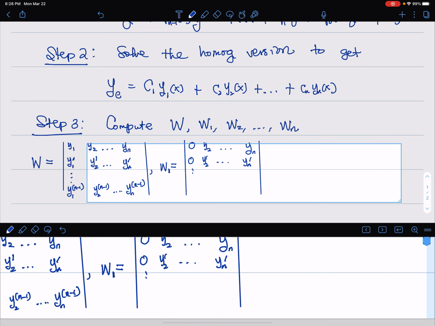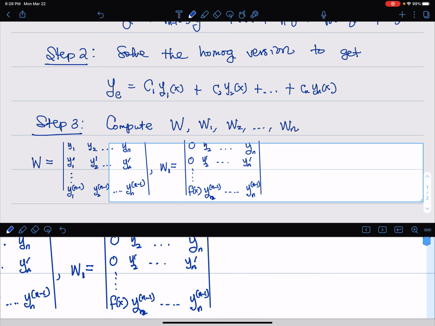And then we keep going until y2 n minus 1 all the way to yn n minus 1. But now, instead of putting 0 in the last entry of the first column, we put f of x. So we follow the same pattern to define our W2 now.